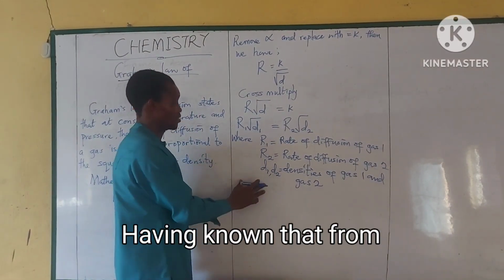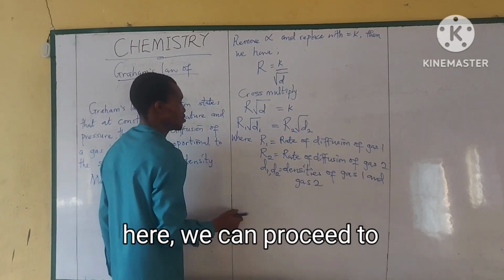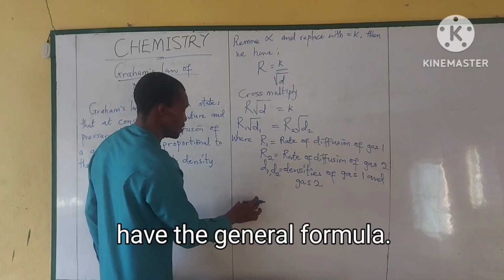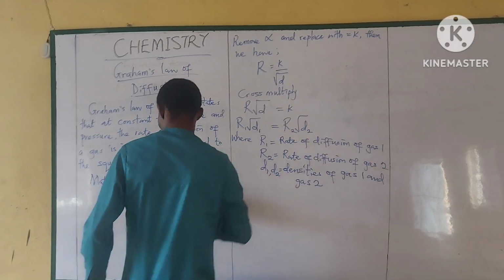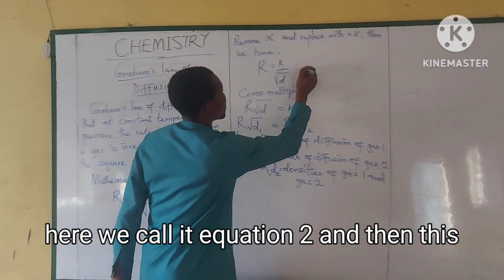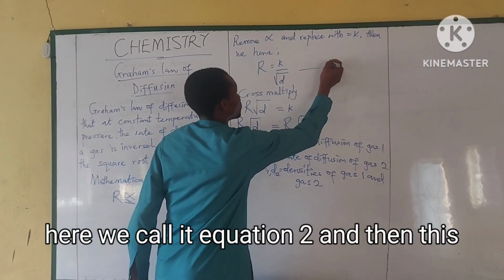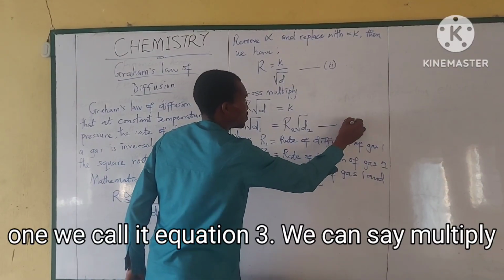Having known that, from here we can proceed to have the general formula. How do we have that? We can call this equation 1, this one equation 2, and this one equation 3.